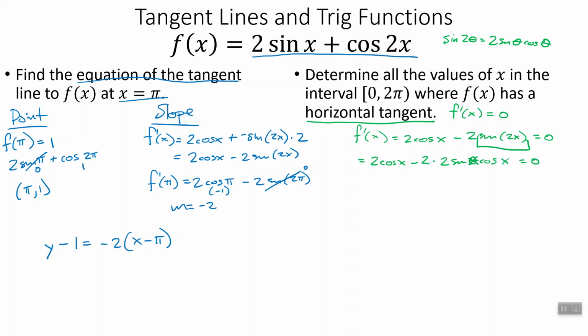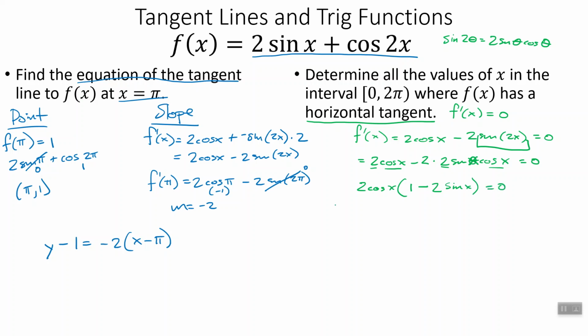Now we've got all x's inside our trig functions. So we can factor out a 2 and a cosine from each term. We get 2 cosine of x times the quantity 1 minus 2 sine of x.